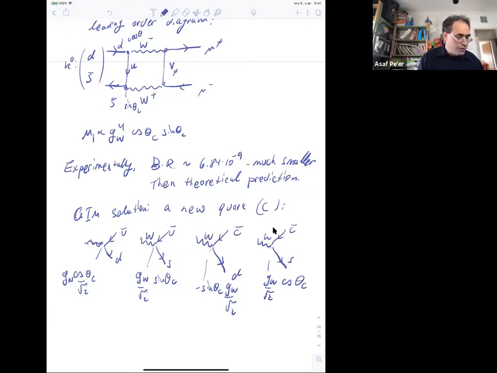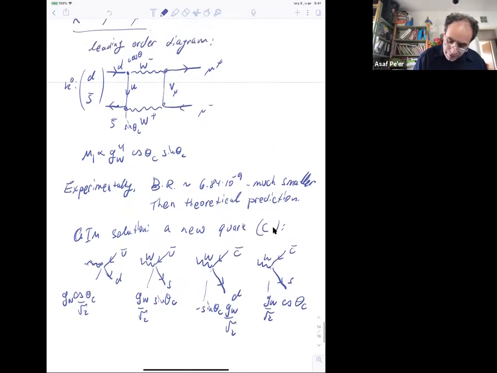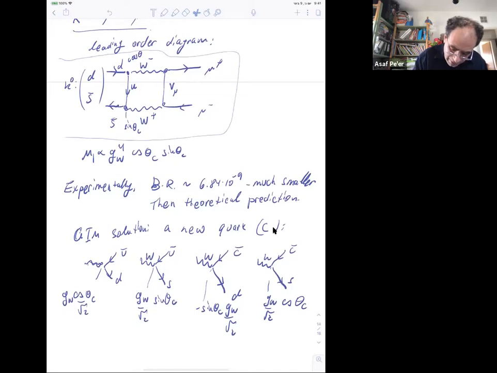So you end up having another diagram like that.